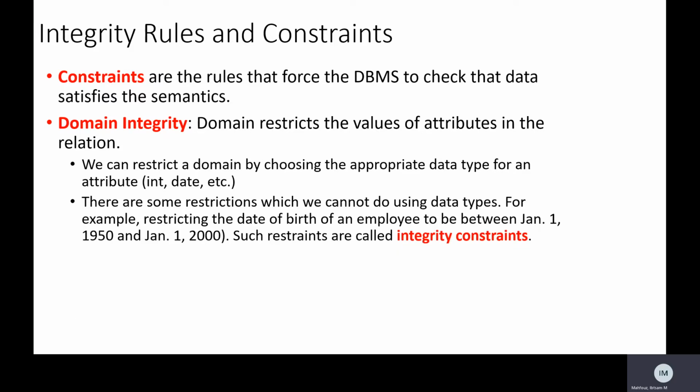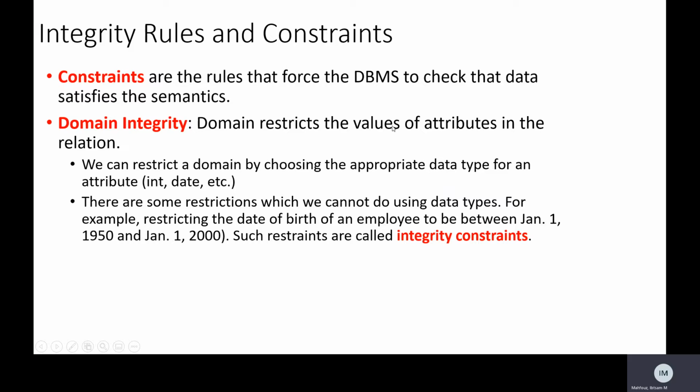Now there's another type of restriction. What if I do put the date as the data type, but I want to restrict all my employees to be born after a certain date? For example, I want them to be born after January 1st, 1950, and before 2000. How can I do that? Well, this is something I can't really do by defining the data type.